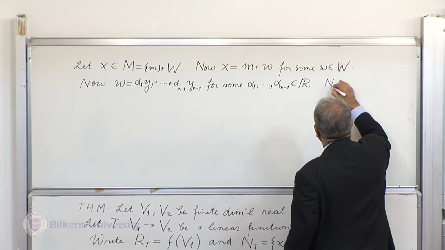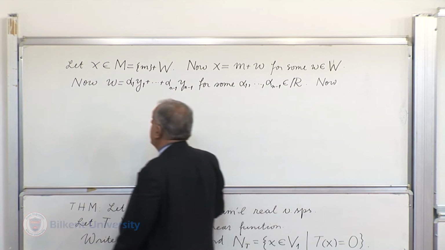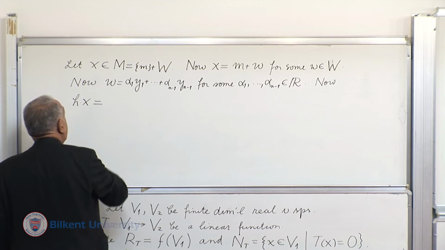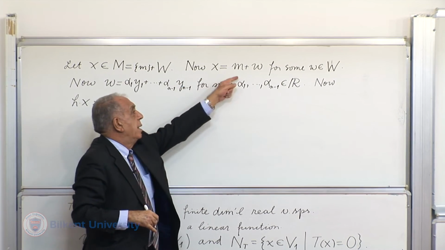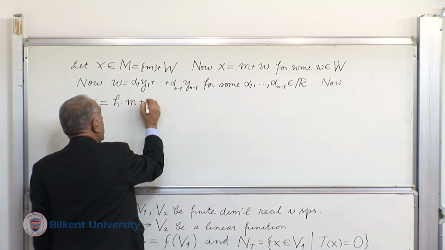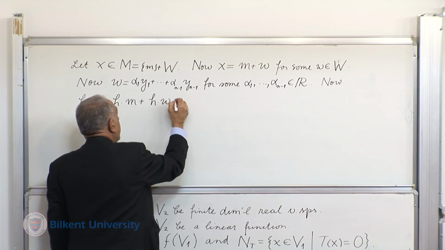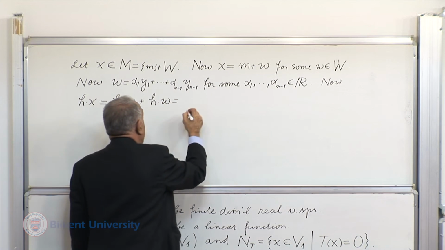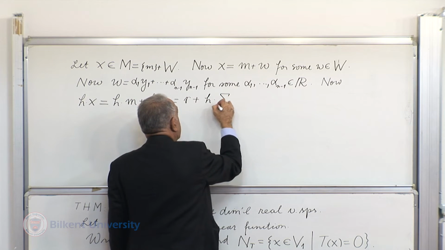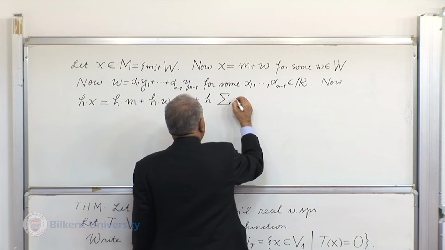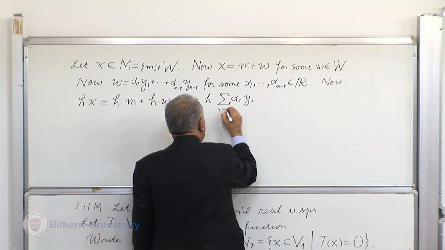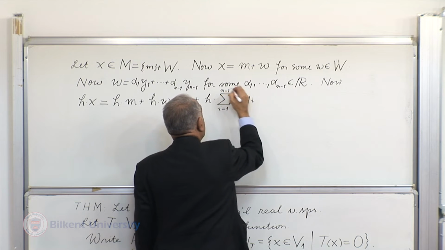Now, h dot x is equal to, so this is equal to this, h dot m plus h dot w, but that is h dot m, that's r, plus h dot w is this, sum of alpha i, i from 1 to n minus 1.